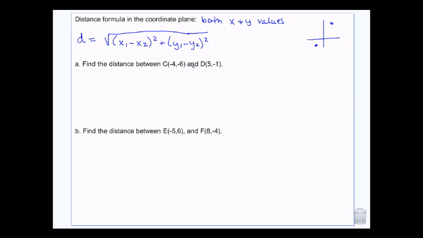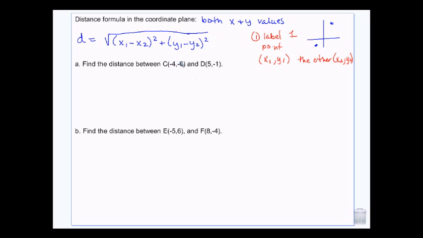So what we're going to do is label one point x1, y1, and then the other is x2, y2. It does not matter which is which.